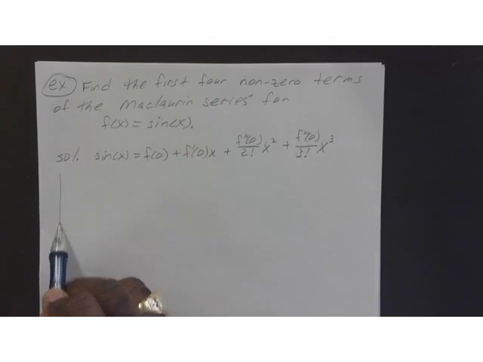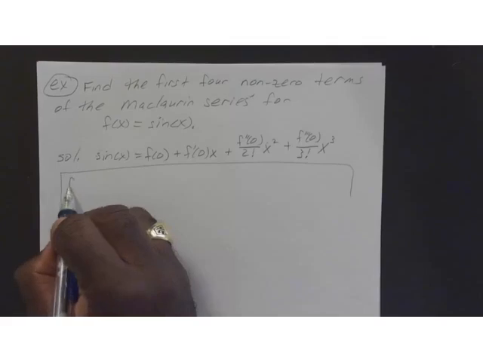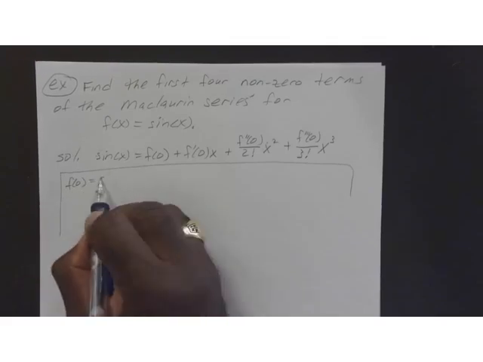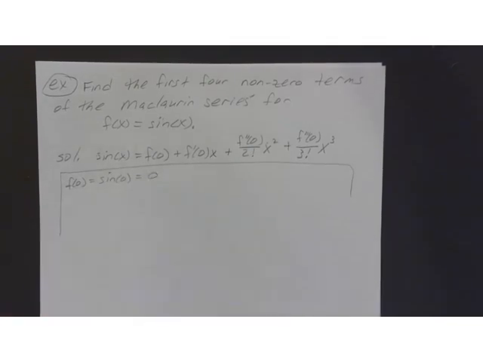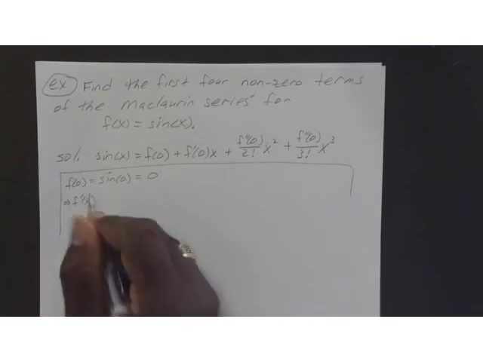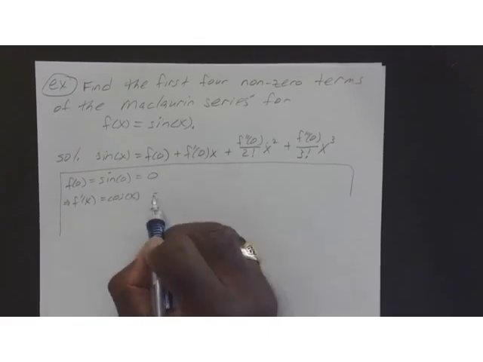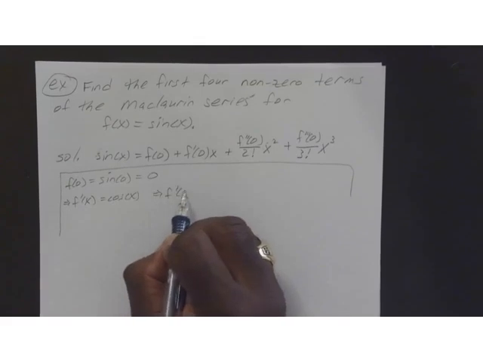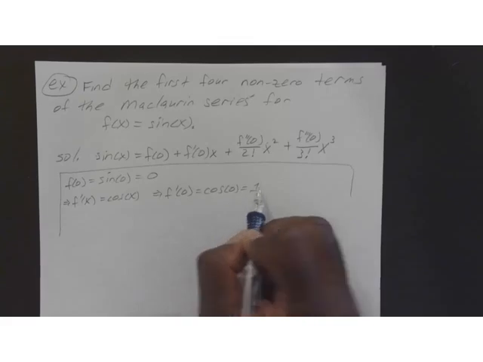Okay, well, we know that. I'm just going to calculate this all in this box. So f of 0 is sine of 0, which is 0. Okay, we know f prime of x, or the derivative of sine, is cosine, which means that f prime of 0 is cosine of 0, which is just 1.